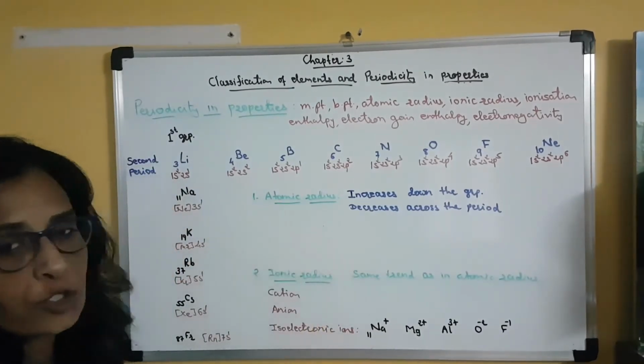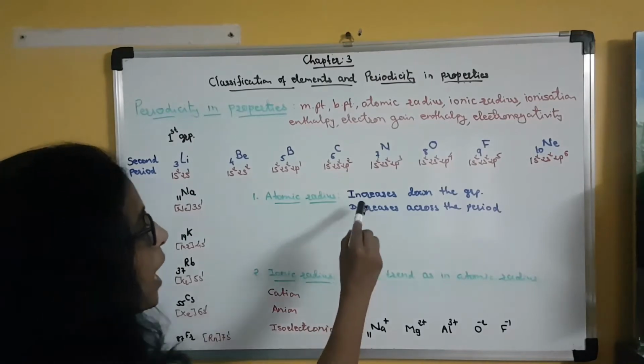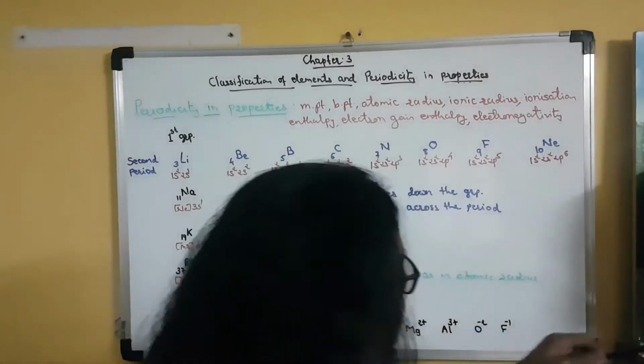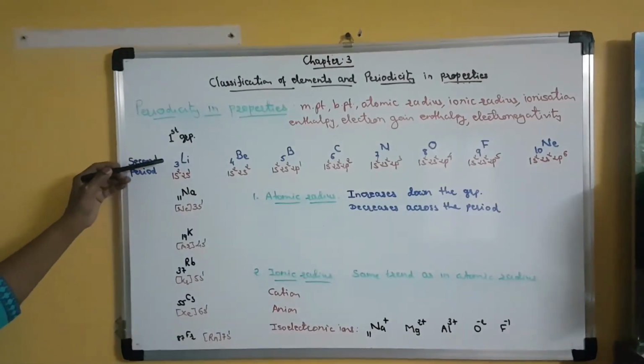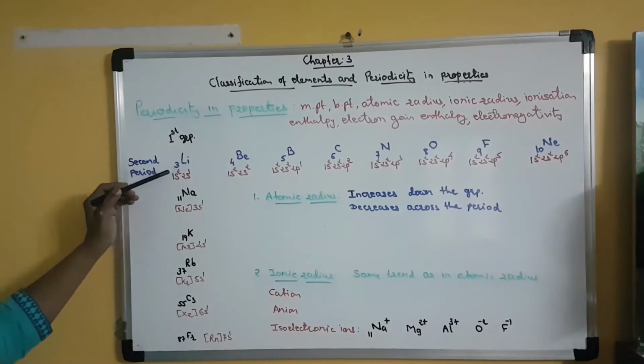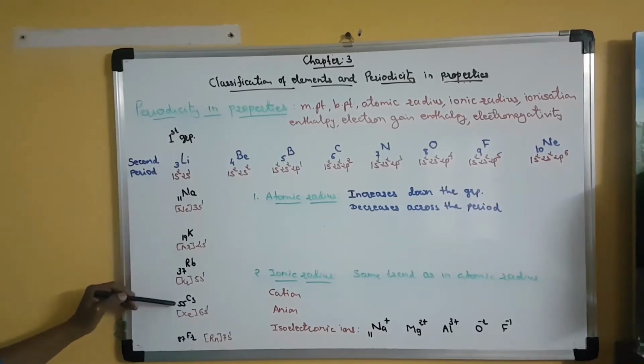Now what happens to atomic radius down the group? Here you can see that when we go down the group, the atomic number increases.